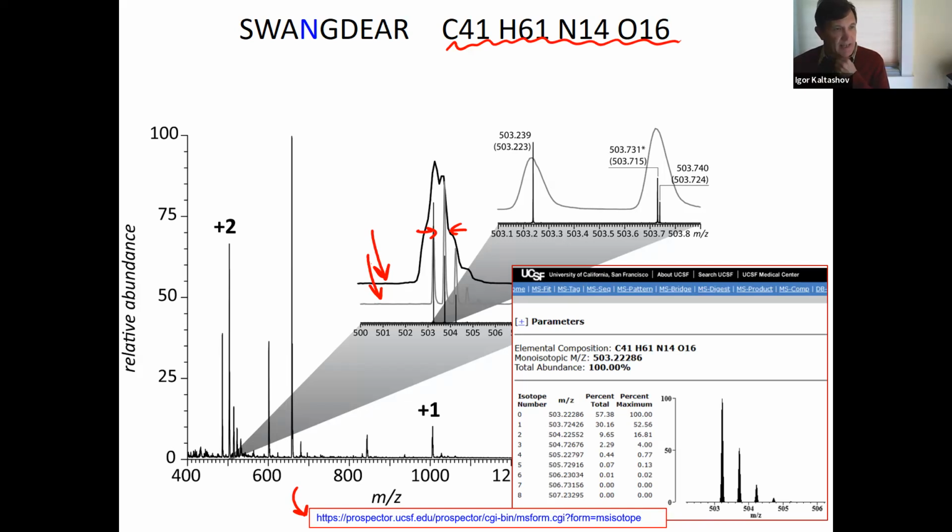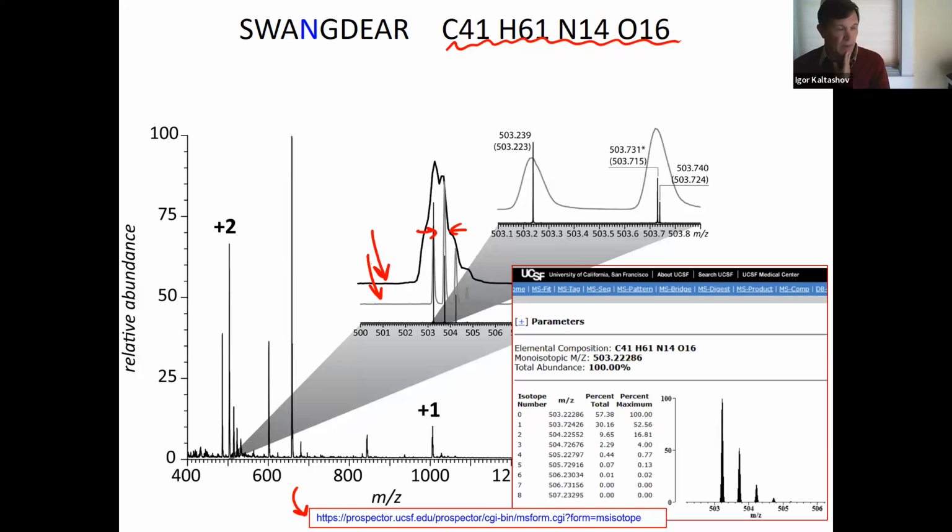This is an engine which has been developed and is supported continuously by UCSF, Department of Pharmacy. It's been there for at least 20 years. It works really great. It has many capabilities. So this is just one of the things that they can do, calculate the isotopic distribution and masses. As we go through tandem mass spectrometry applications, I will try to show you some other things that you can do with this engine. So it works really great.